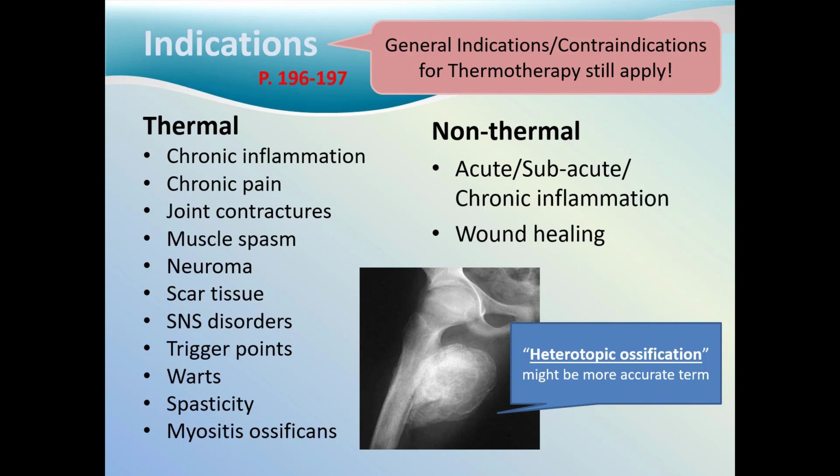Myositis ossificans, which is when someone sustains repetitive trauma to a muscle and a bruise forms. The trauma then continues, and there becomes a calcium deposit growing within the muscle. Another name for myositis ossificans is heterotopic ossification. The indications for non-thermal ultrasound include acute, subacute, and chronic inflammation and wound healing.